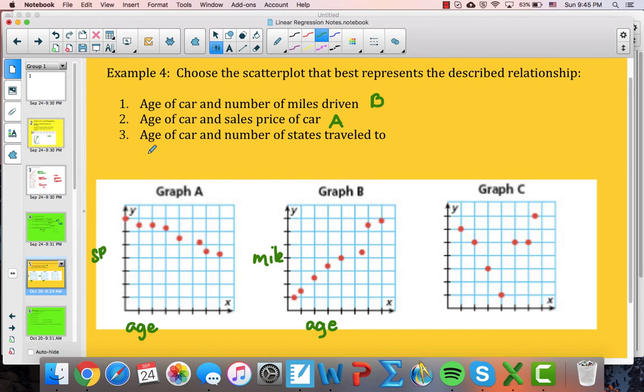All right, and the age of a car and the number of states traveled to. Well, those don't really relate in any way. Can we drive cars of different ages in the states traveled? Yes, but it's not going to correlate to each other in any way. So I picked graph C, so no correlation.